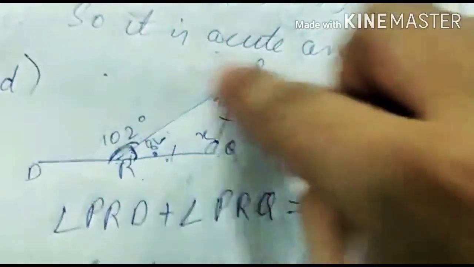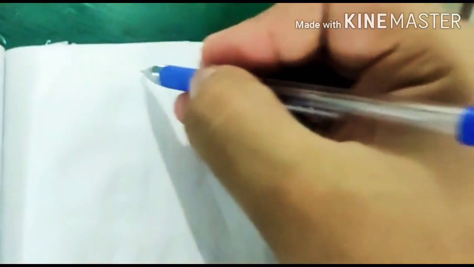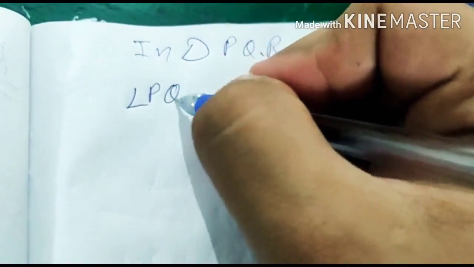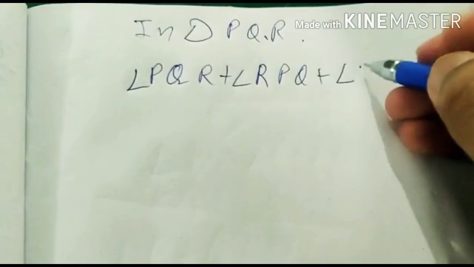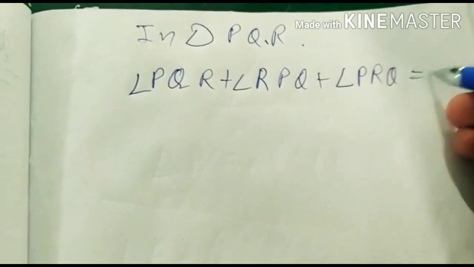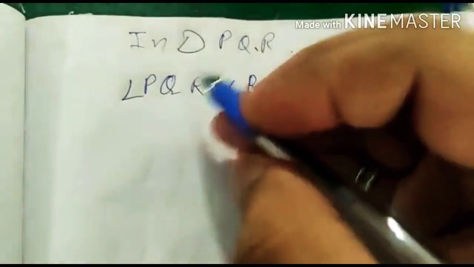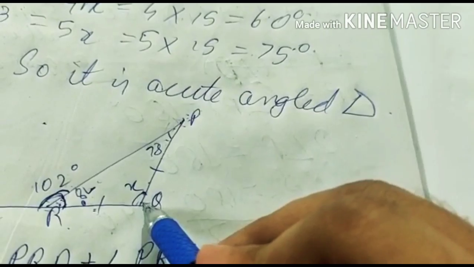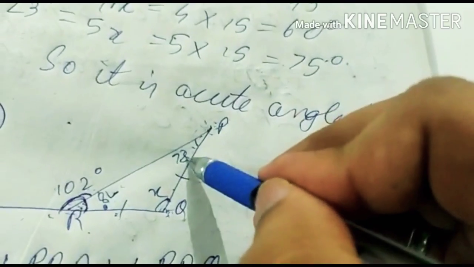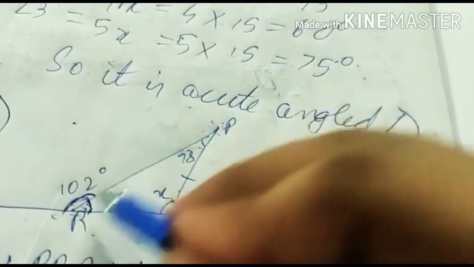Look, in this figure we have got this 78, we have got this 78. So this being a triangle, in triangle PQR, angle PQR plus angle RPQ plus angle PRQ is 180 degrees. Angle PQR is this X, angle RPQ means this, and angle QRP means this.